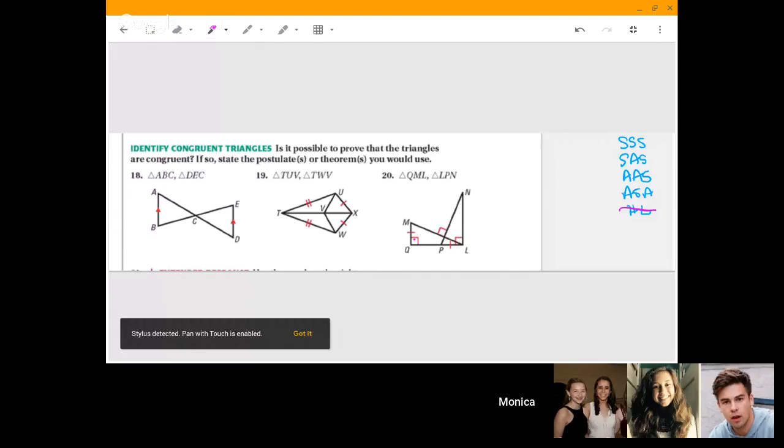So that one, we're not going to be able to prove anything congruent either. Does that make sense? Okay, good.